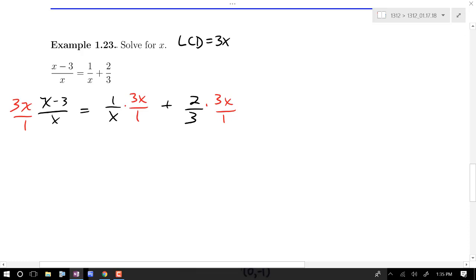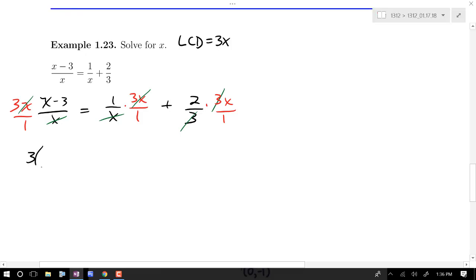What comes after this? Get rid of the x and x. Yeah, do all the canceling we can do. So these x's cancel, on the other side, those x's cancel, and then the last fraction, the 3 cancels.